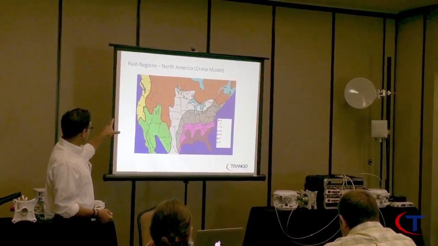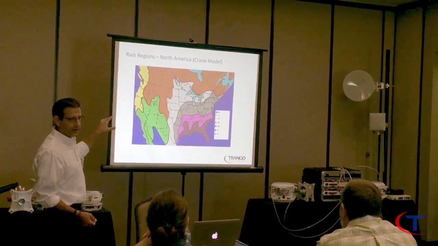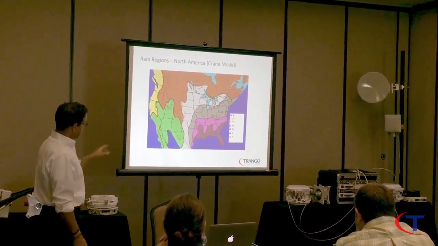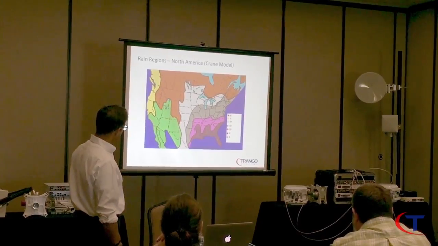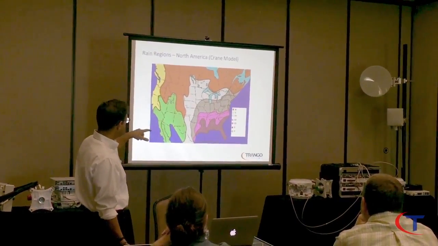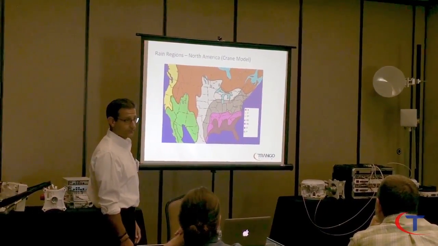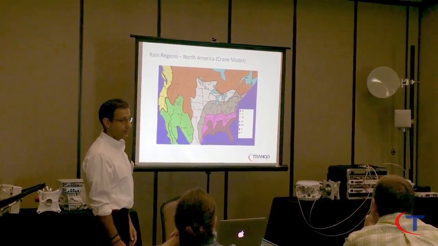Eastern Washington, Eastern Oregon, awesome places, Montana, Colorado, Utah, basically all through the West is very good. So you can see these, I don't know why it's in such order, but B and F are the best. E is the worst in terms of rain fade effects, or rather how often it rains and how heavily it rains throughout a year.